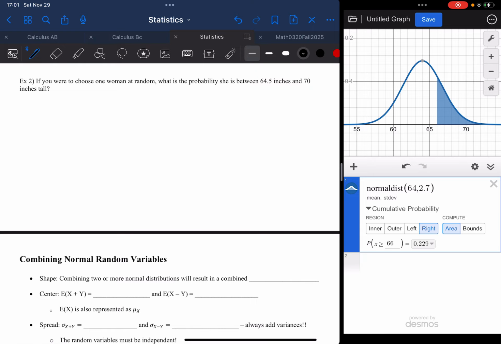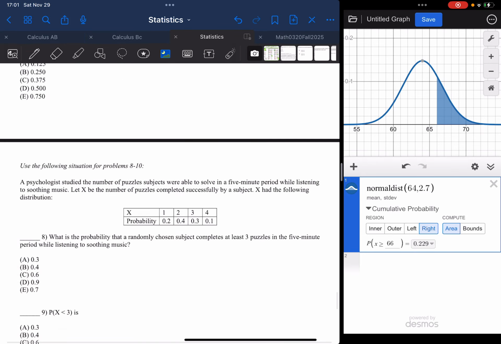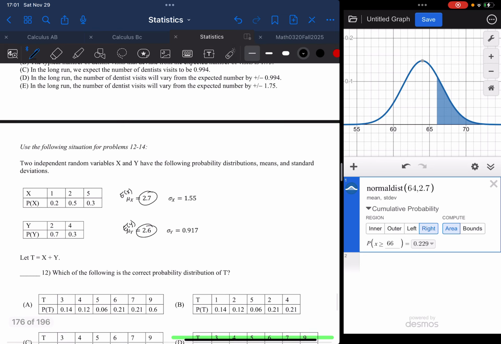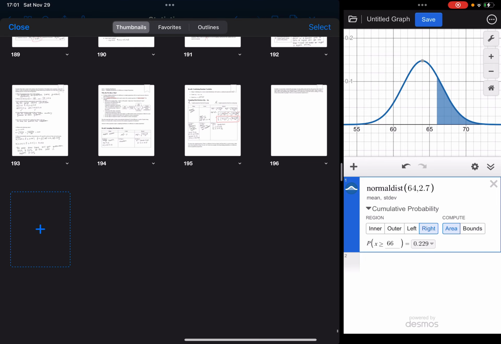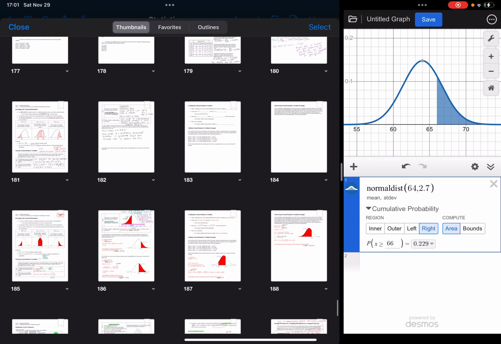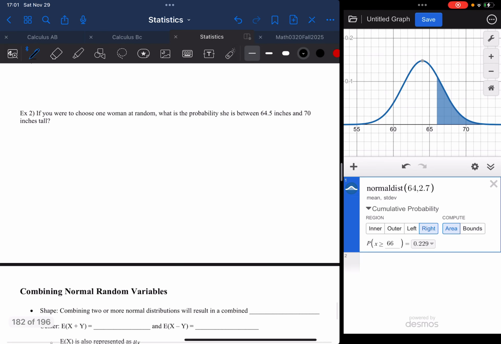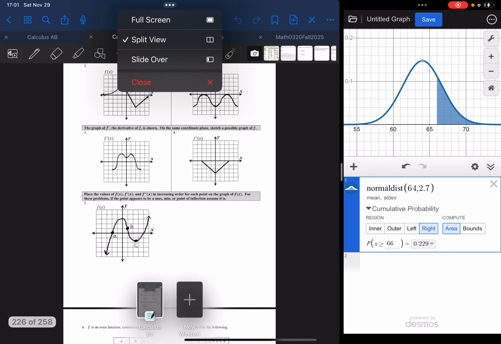Okay, so that means I have the probability, sorry, I had the wrong thing picked. Let me scroll down. Where were we? Right here. So this is the probability, and my pen is not working.